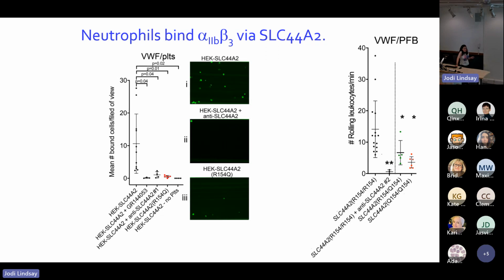And when neutrophils were isolated from these individuals, similar to what we saw with the HEK293T cells, there was a significant reduction in the number of interactions with primed platelets. So this could explain the protective effect that was seen in the GWAS study, and also perhaps highlight SLC44A2 as a therapeutic target for DVT.